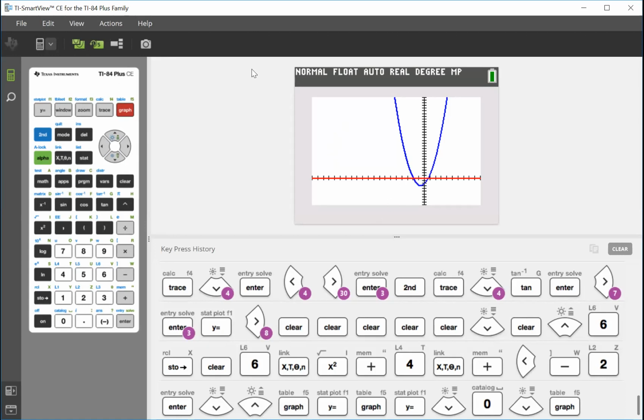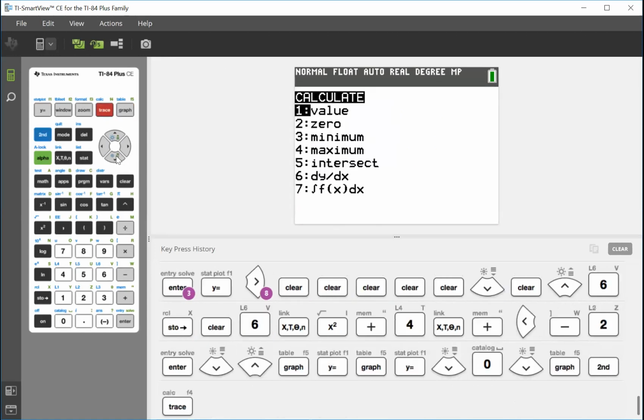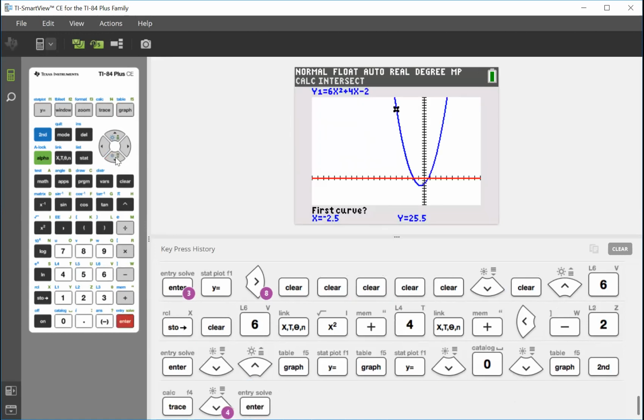Okay, let's see if our answers are right. Second, calculate, intersection. I just want to make sure that's the intersection I'm looking at. So first curve, enter. There's my first answer, and I think it was negative 1. You should be able to follow along.